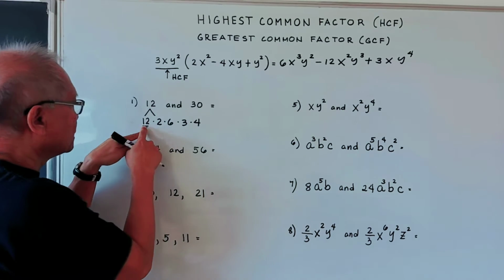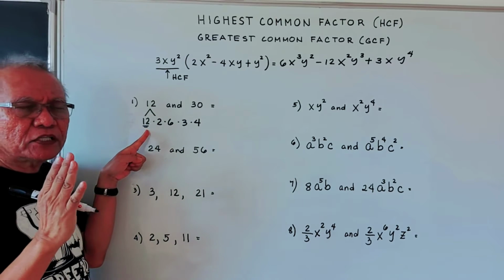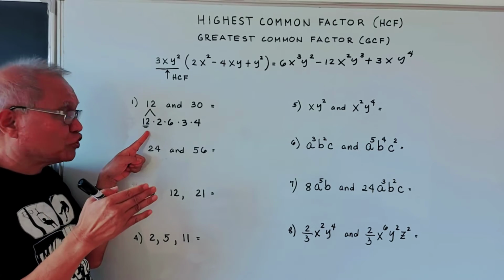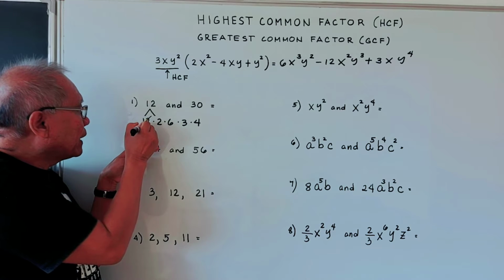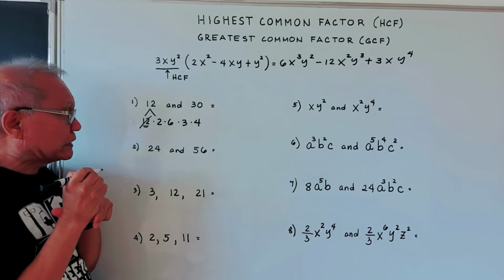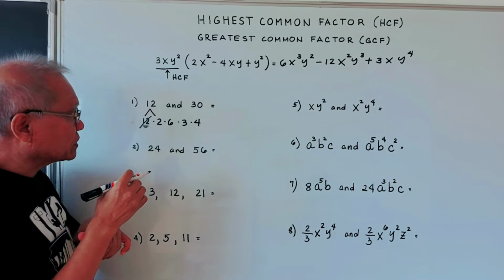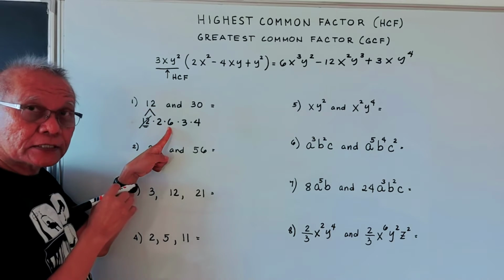So let's start. 30 divided by 12. Can we divide 30 by 12 that will give us an exact number or an integer? No. So 12 can't be our HCF. Cancel it. Next is to use the second largest number, and here that is 6.